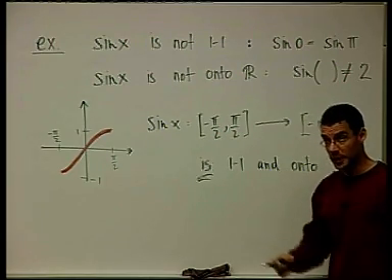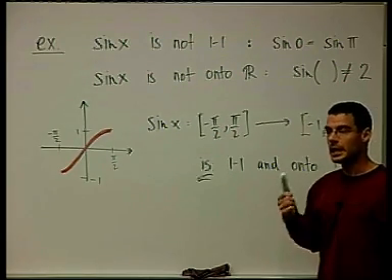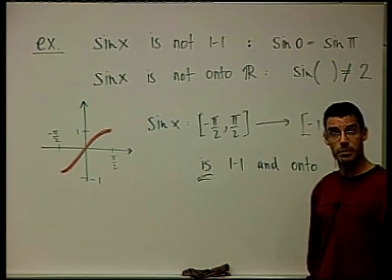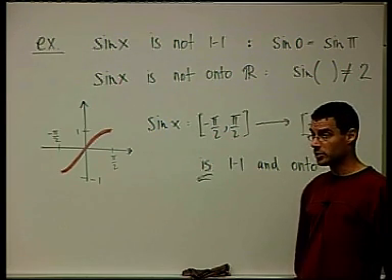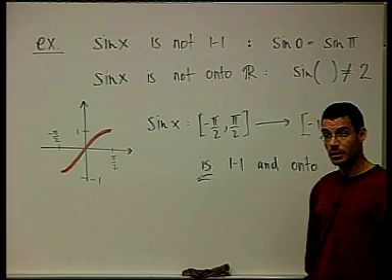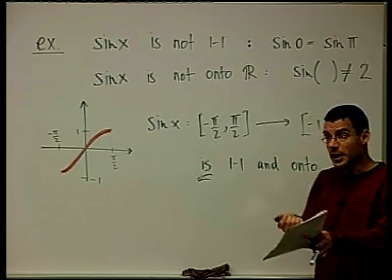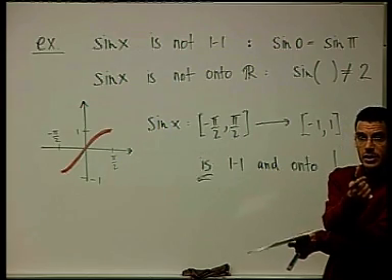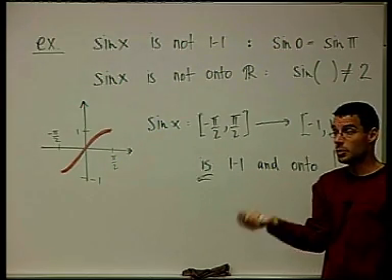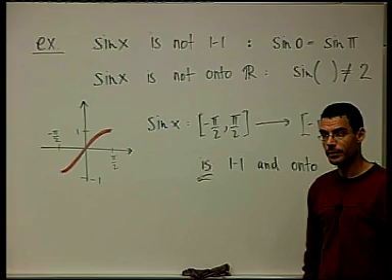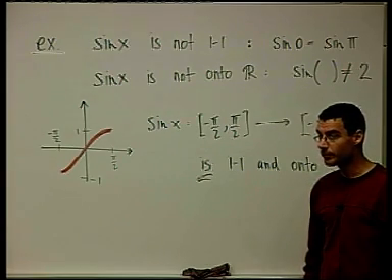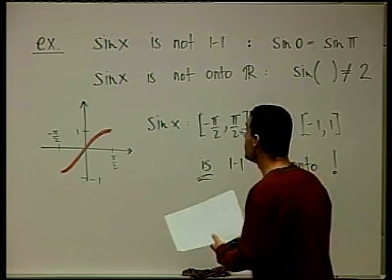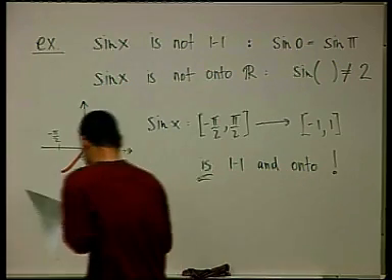An even function can never be one-to-one. Does everybody understand the question and why it's correct? Good. An even function always satisfies that x and minus x get the same value. So it's never going to be one-to-one. Everybody good? Okay.